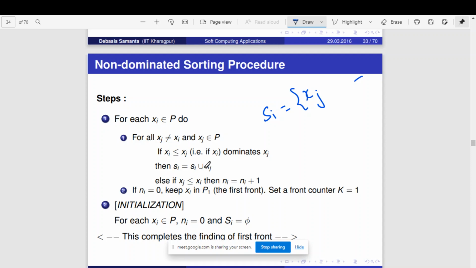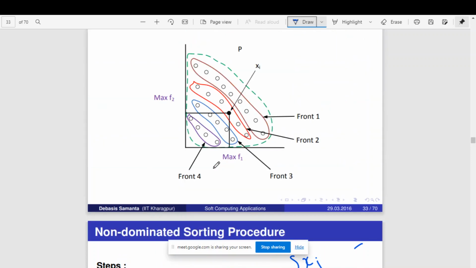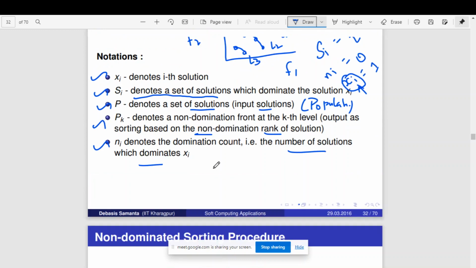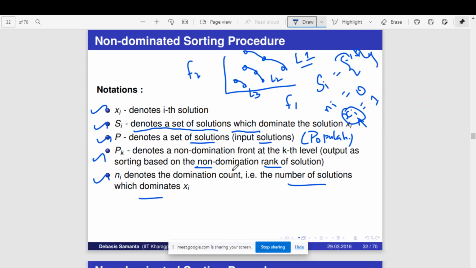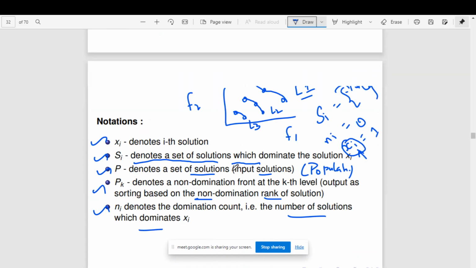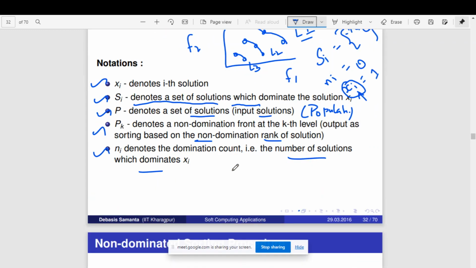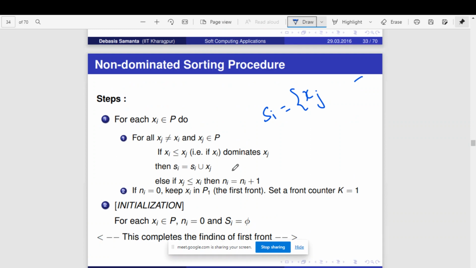Domination count. That is how many. Actually, there is a slight difference between the algorithm and this implementation. Here, capital Si represents the set of solutions which dominates xj, but here it is small si.